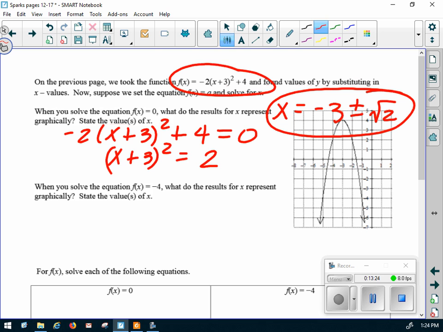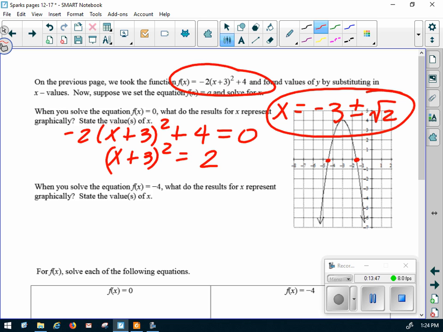If you do it on the calculator, you're going to have to round. So these 2 points, -3 plus root 2, comma 0 is right here. -3 minus root 2, comma 0 is right here. You found the x-intercepts.